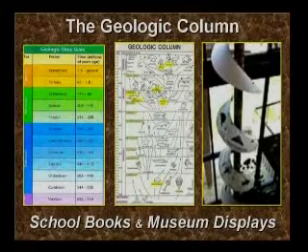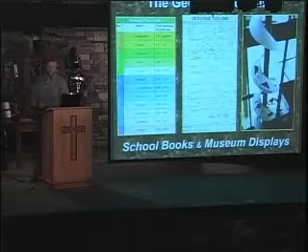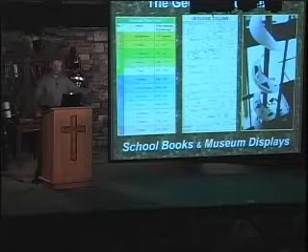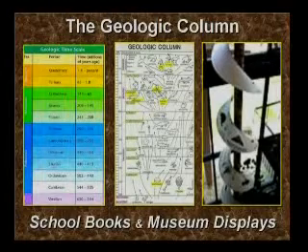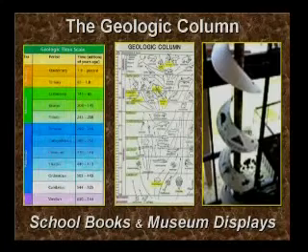School textbooks and museum displays. Believe it or not, the geologic column, which has misled billions of people into believing in millions and billions of years, has never been found anywhere in the real world in the order by which they date things. It does not even exist.